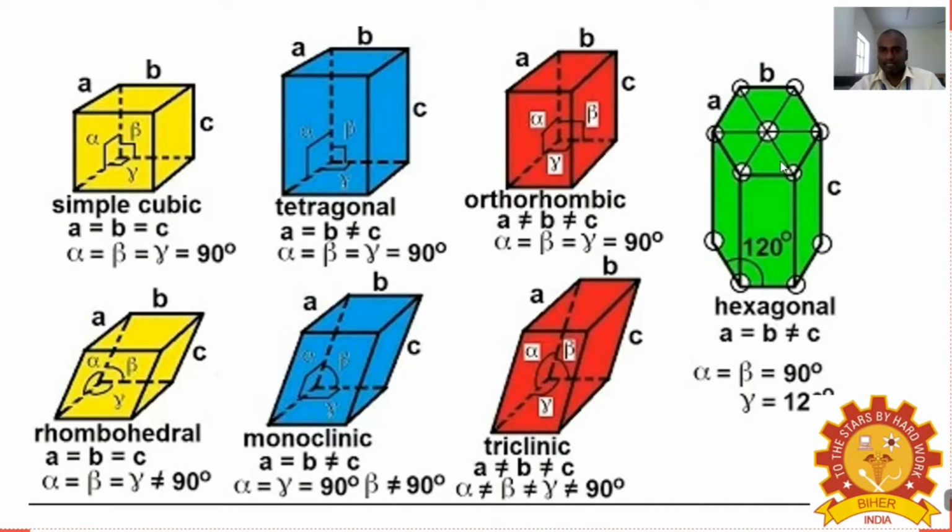In this crystal lattice, the length of A is equal to the length of B, but the length of C is not equal to A and B. Similarly, the angles alpha and beta are 90 degrees, but gamma is 120 degrees. This type of crystal is called a hexagonal structure. This is the classification of crystal structures.